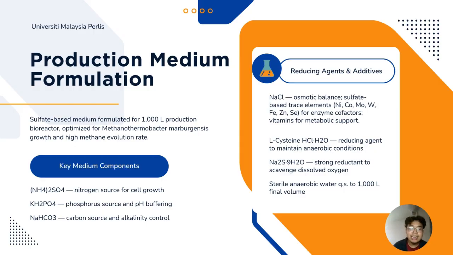We also include a tailored trace element and vitamin solution. Just like in the seed culture, maintaining anaerobic conditions is paramount, so we use L-cysteine and sodium sulfite as our reducing agent. The choice of sulfate is a deliberate and crucial one, and I'll elaborate on it in a moment.